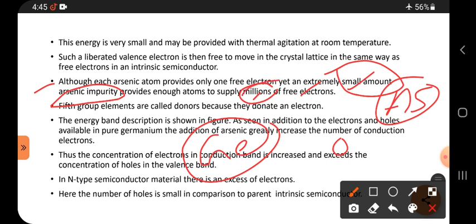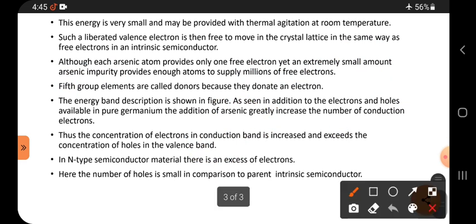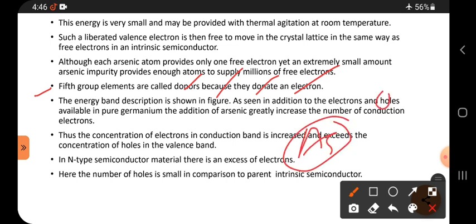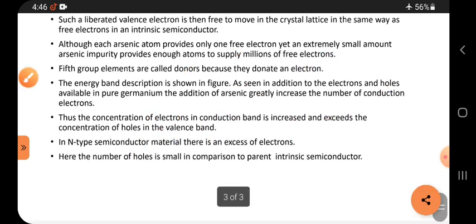Then we get millions of free electrons. The fifth group elements are called donors because they donate an electron. Arsenic is giving one electron. If there are two arsenic atoms, they give two electrons. So they are donating electrons, and that is why they are called donors.